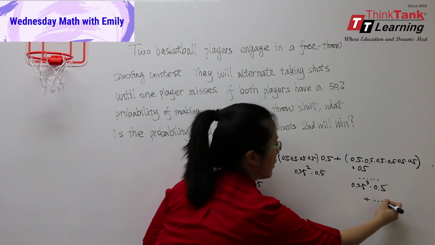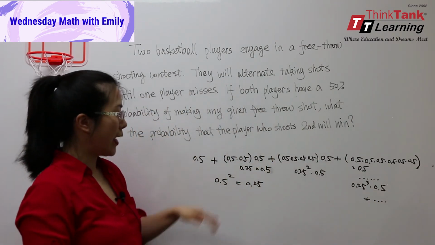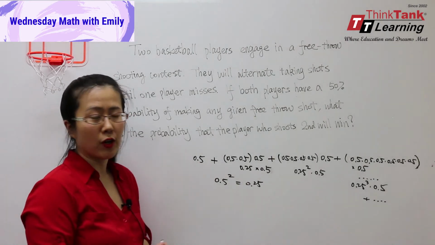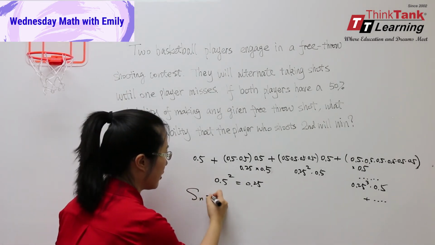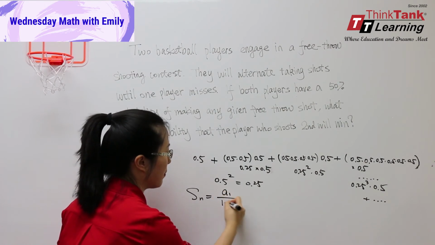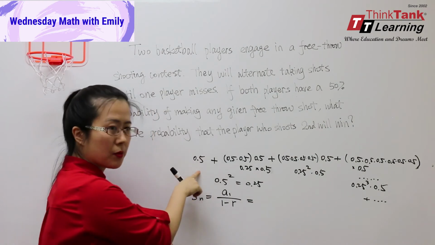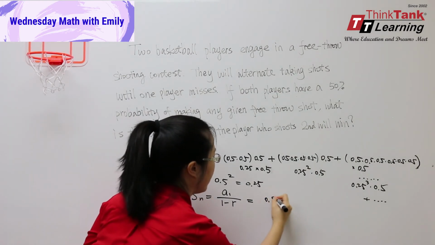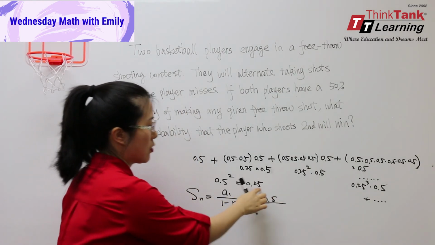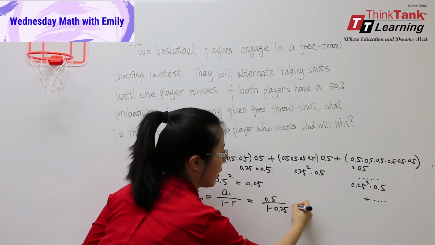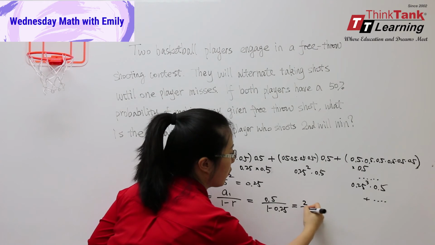And we have infinite terms. In order to find the sum of this geometric sequence, we use the formula S infinity equals a1 over 1 minus the common ratio. a1 is the first term, which is 0.5, and the common ratio is 0.25. Okay, so that will give us 2 over 3.